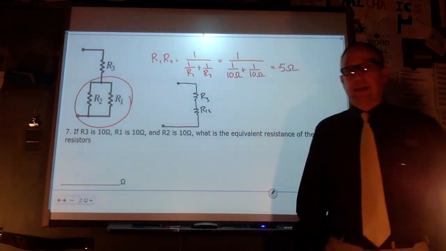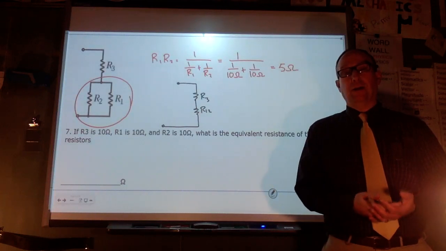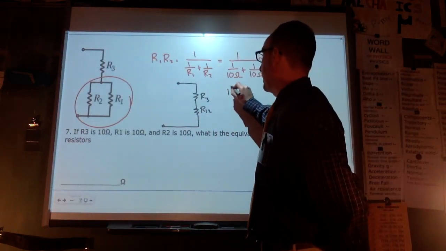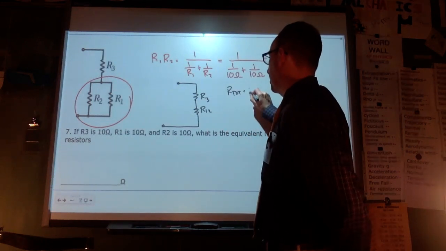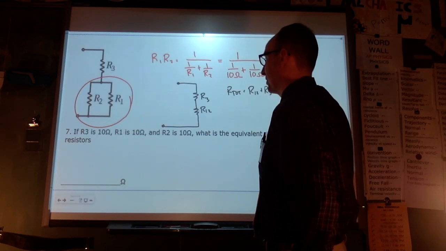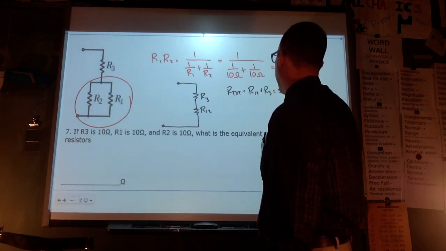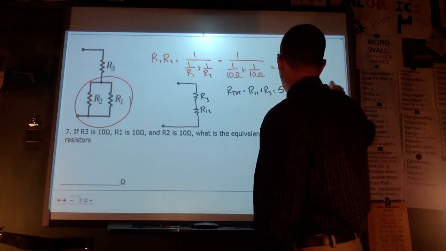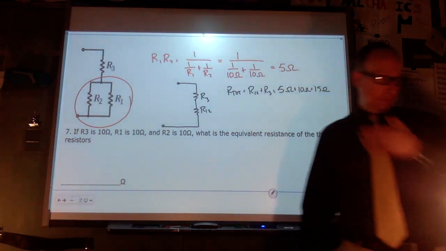So I made something that had parallel and series into something that only had series. So I can replace these with a resistor that will be the sum of the two resistances. So this is going to be 5 plus 10, or 15 ohms.